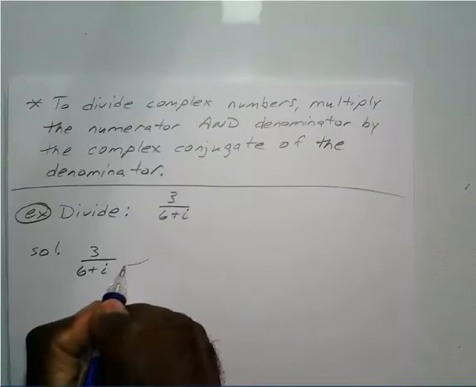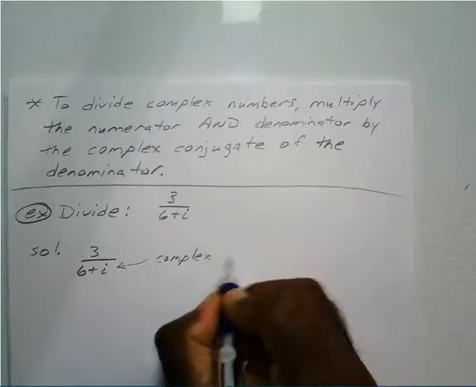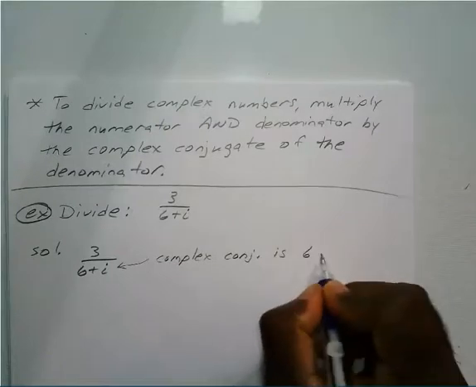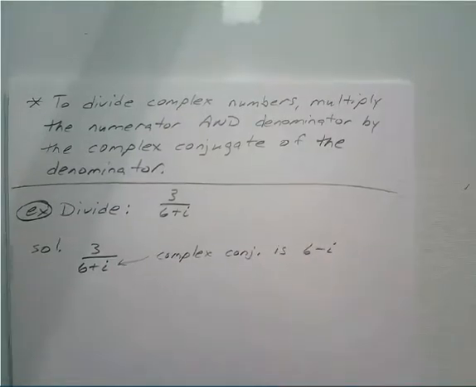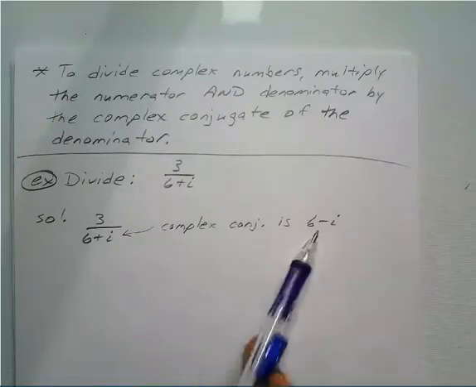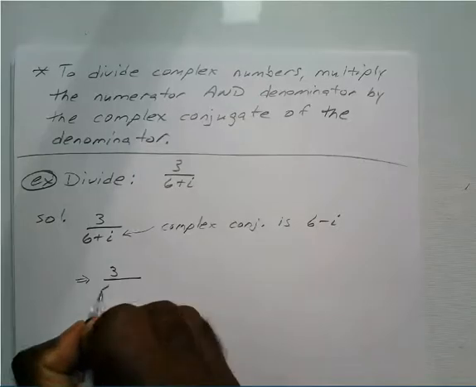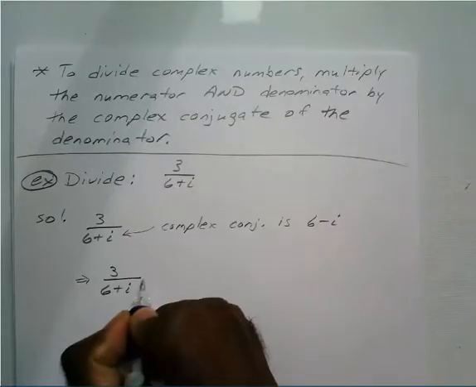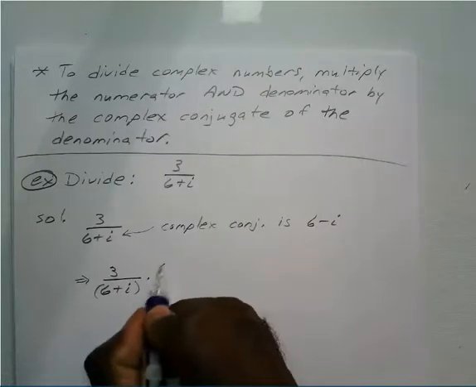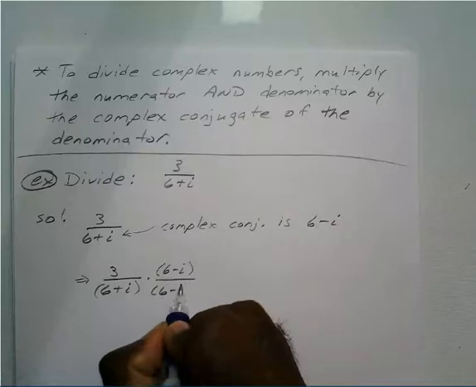So the complex conjugate of the denominator is 6 minus i. That means we have 3 over 6 plus i, and we can put that in parentheses, times 6 minus i over 6 minus i.